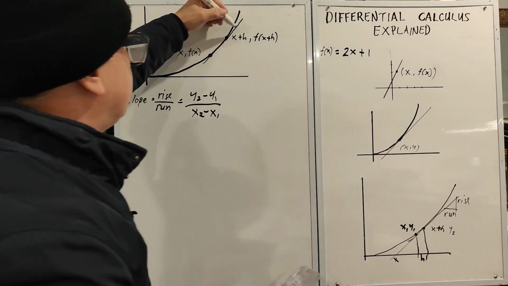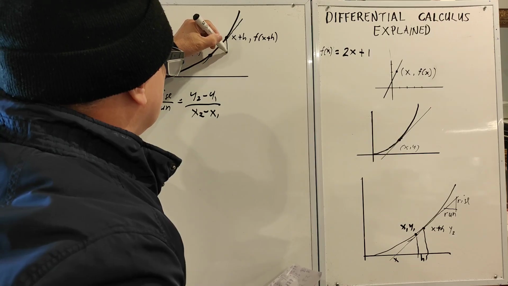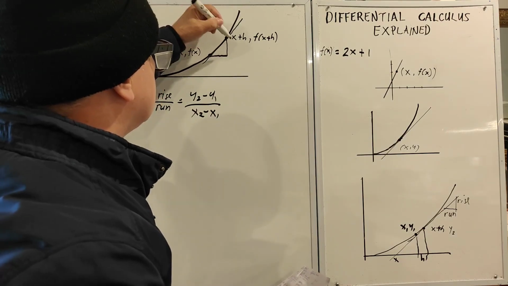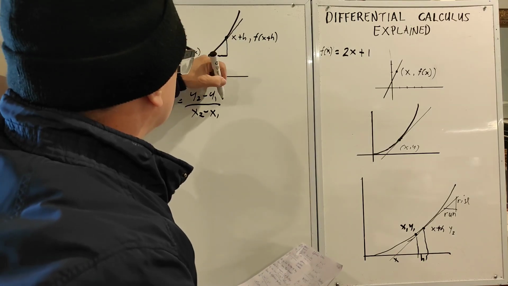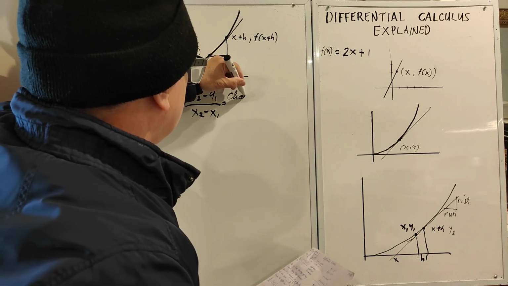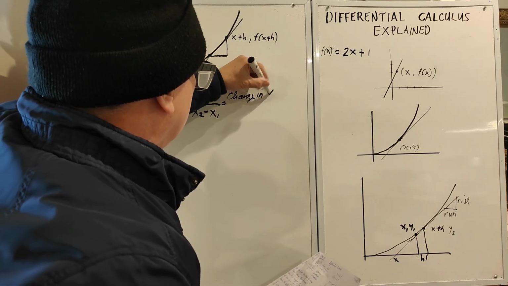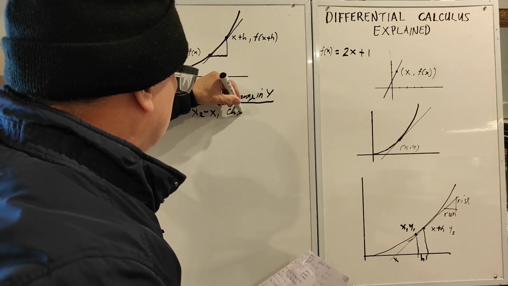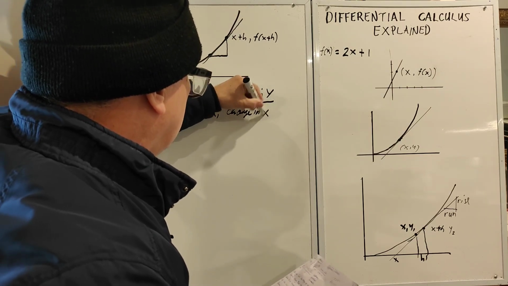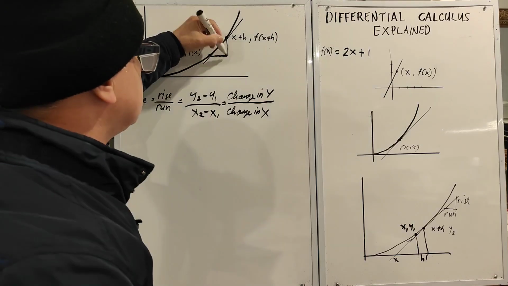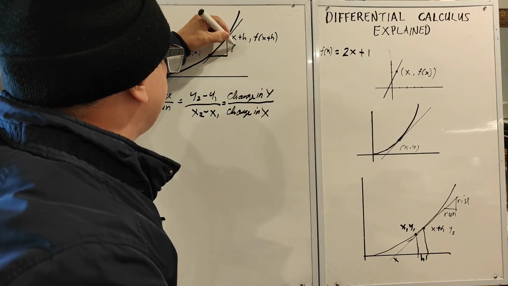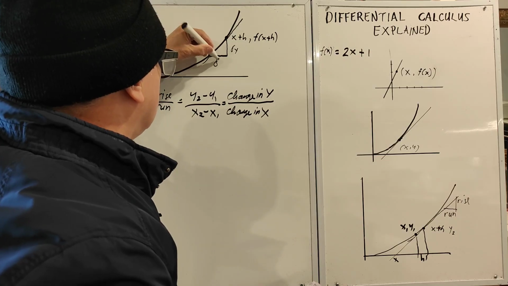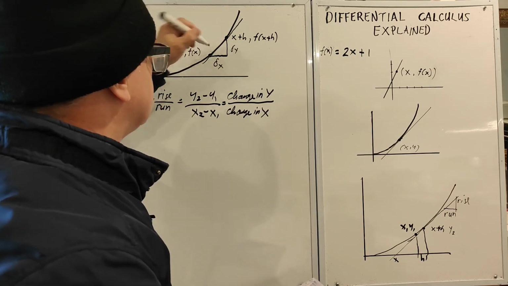In this case, the slope is the change in y over the change in x. But since it's very, very small, we call it dy, change in y over dx, change in x.